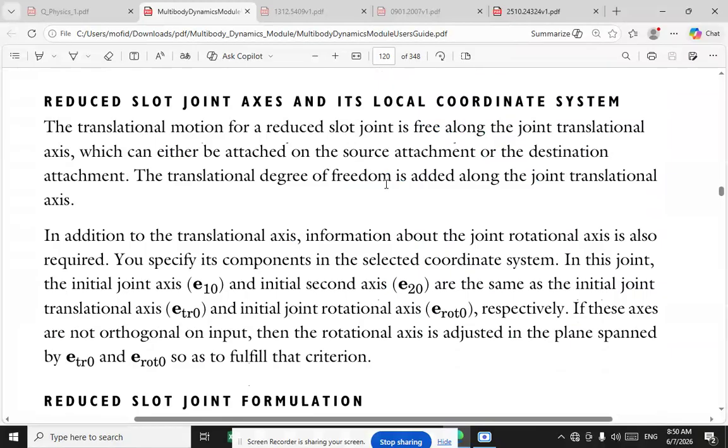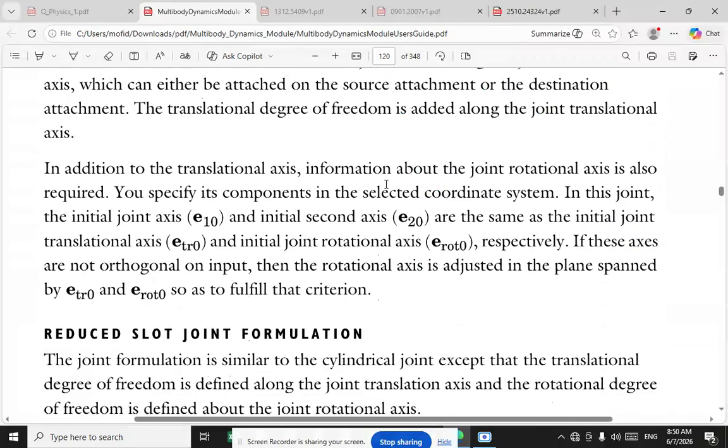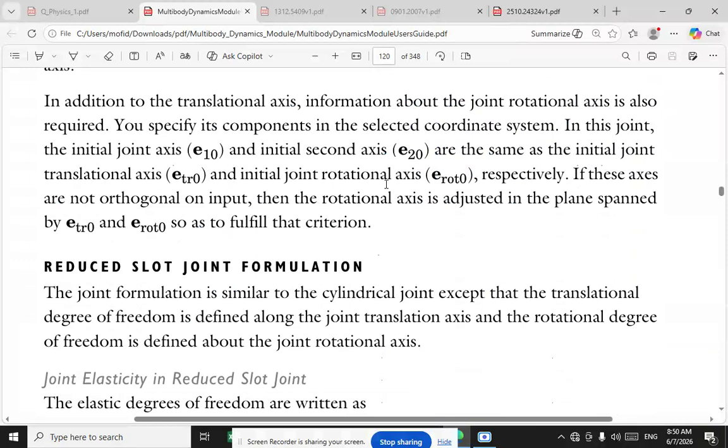The translation motion for a reduced slot joint is free along the joint translational axis, which can either be attached on the source attachment or the destination attachment. The translational degree of freedom is added along the joint translational axis. In addition to the translational axis, information about the joint rotational axis is also required to specify its components in the selected coordinate system.